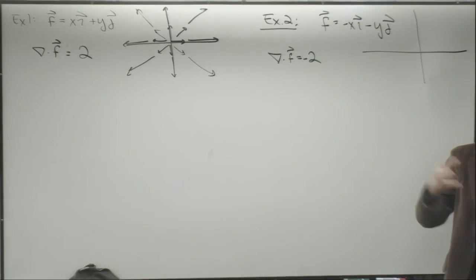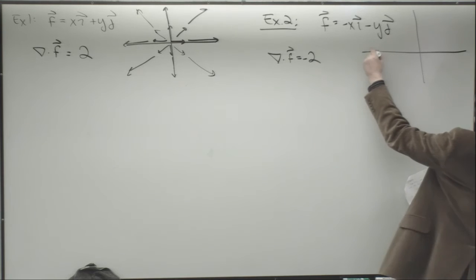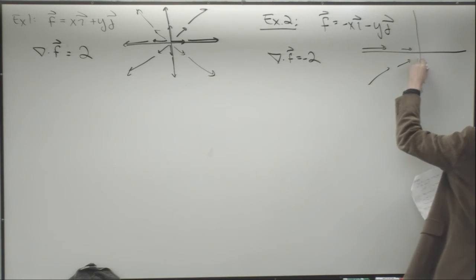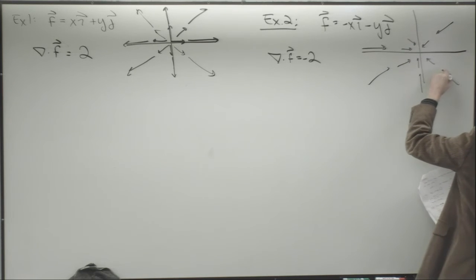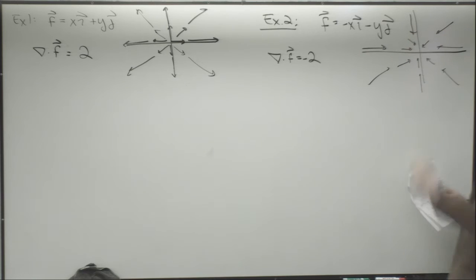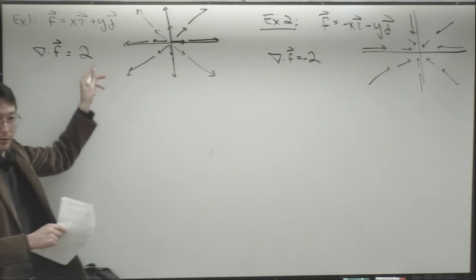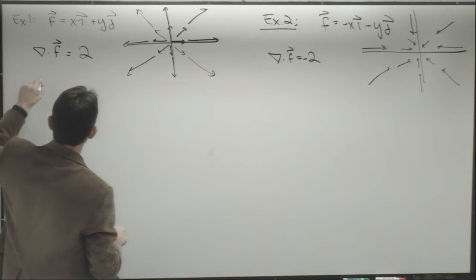All of my arrows are pointing in, and they point in faster the farther away I am. Okay, so if I have the positive divergence, then this is essentially saying that the flow is diverging.